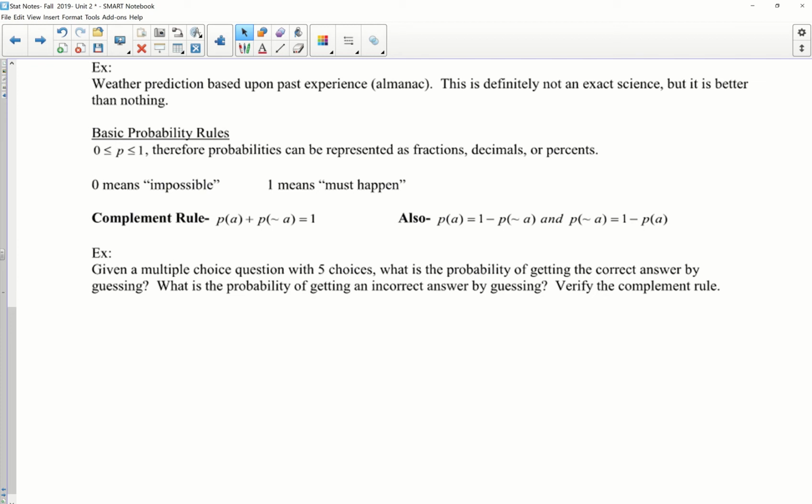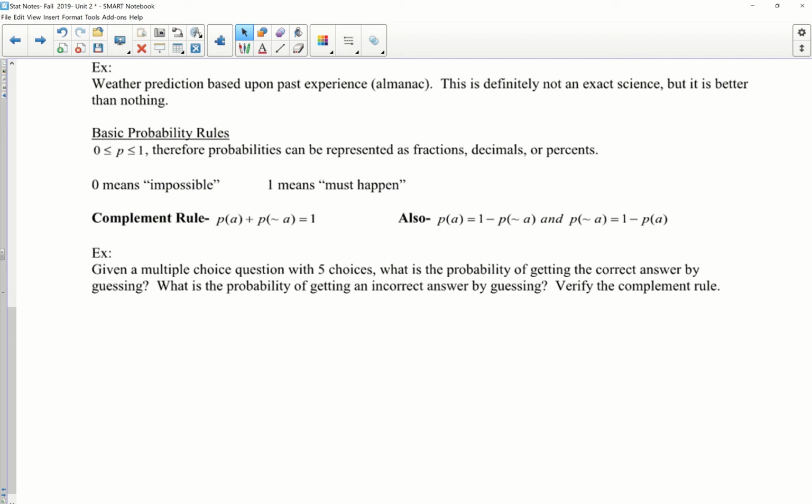That 0 means, in this case, impossible, and 1 means it must happen. So before, 0 meant that there was no relationship, and 1 meant that there was a perfect relationship. All right, so it still has the same general structure.